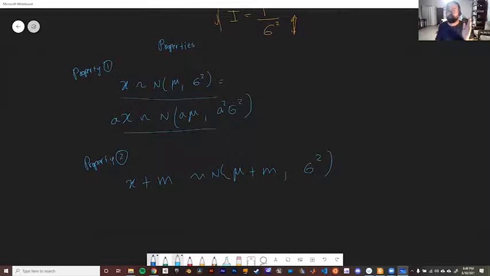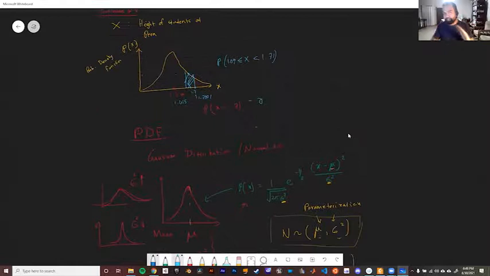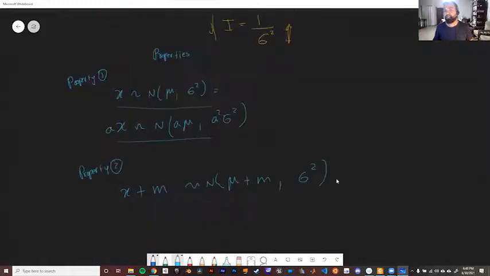So if you add something to the random variable, only the mean is going to shift. If you think of that height example, hopefully it will be clear. In the height distribution, if I just decide to add 0.5 to everyone's readings, the spread is not going to change, but the mean is going to shift. That's the second property you need to understand.